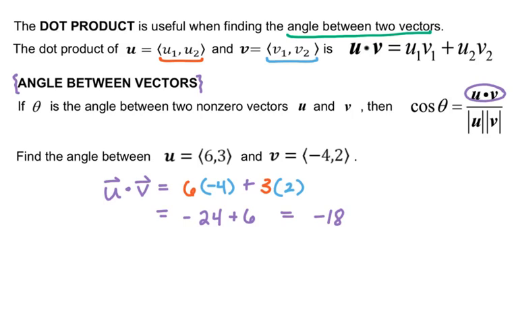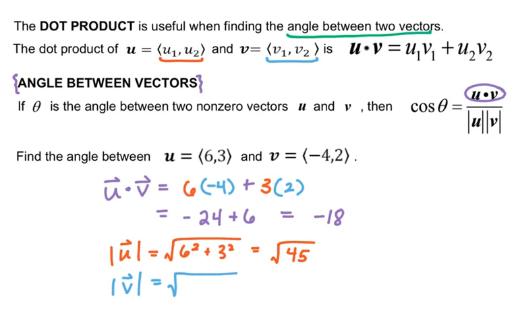I now need the magnitude of u as well as the magnitude of v. The magnitude of vector u is the square root of 6 squared plus 3 squared, which is 36 plus 9, the square root of 45. And the magnitude of v is the square root of -4 squared plus 2 squared.